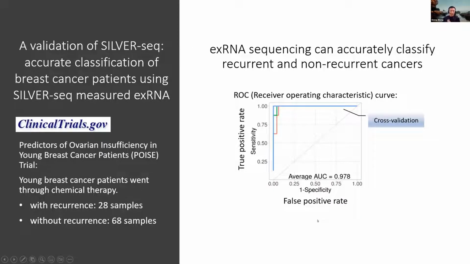And I wanted to very quickly jump to an illustration. This is a clinicaltrials.gov registered trial run by Dr. Irene Su. It's called the POISE trial, short for Predictors of Ovarian Insufficiency in Young Breast Cancer Patients, where she followed chemotherapy-treated young breast cancer patients for 6 years.